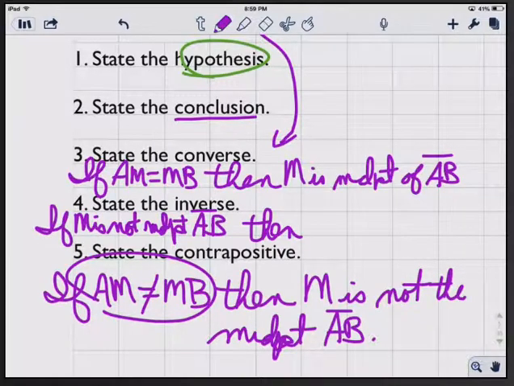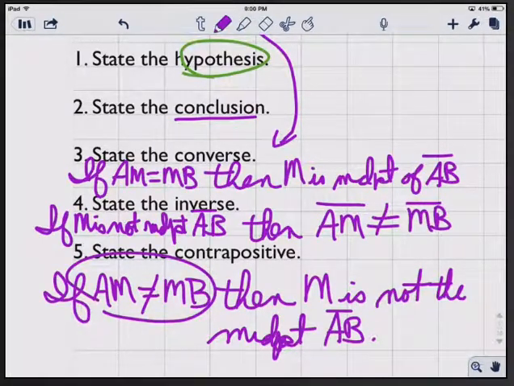And we have then AM is not equal to MB. And we have the 4 sentences.